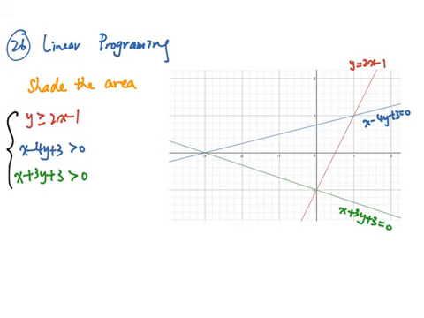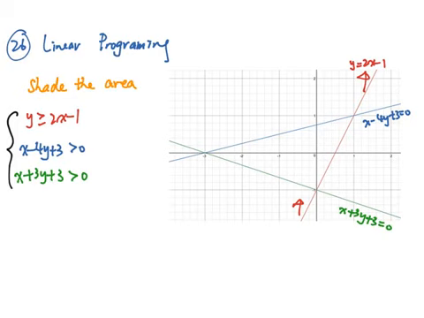Next is about linear programming. So we have 3 straight lines, and we need to shade the area. For the red equation y equals 2x minus 1, we consider y bigger, so y bigger goes up.